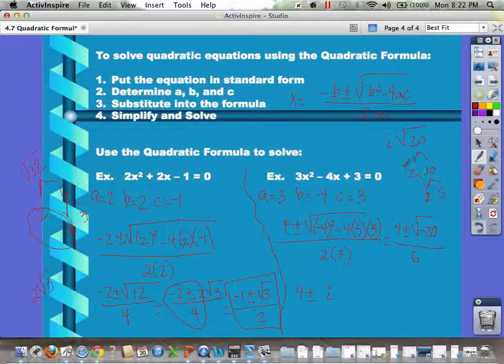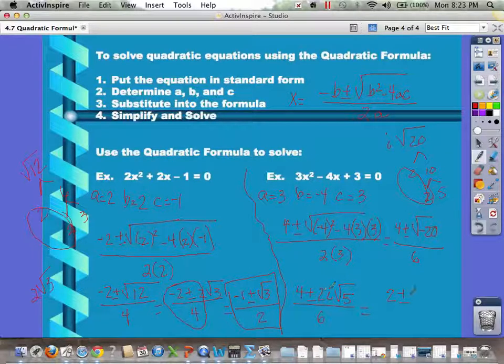So that's going to be 2 square roots of 5, all over 6. Then you look, these three numbers on the outside are divisible by 2, so you need to divide everything by 2. So 4 divided by 2 is 2, plus or minus.